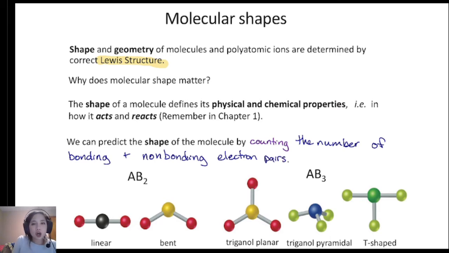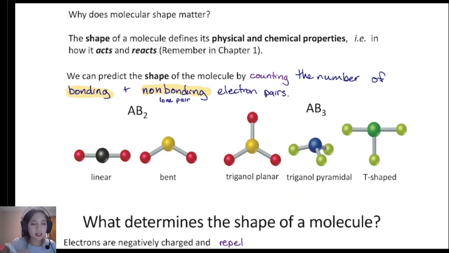So we will be talking a lot about electron pairs. When we look at electron pairs, we're typically looking at the bonding ones and the non-bonding ones, or sometimes we call these lone pairs. So I might call it a non-bonding electron pair or a lone pair. I mean the same thing. So the number of the different electron pairs is what predicts the shape of a molecule.